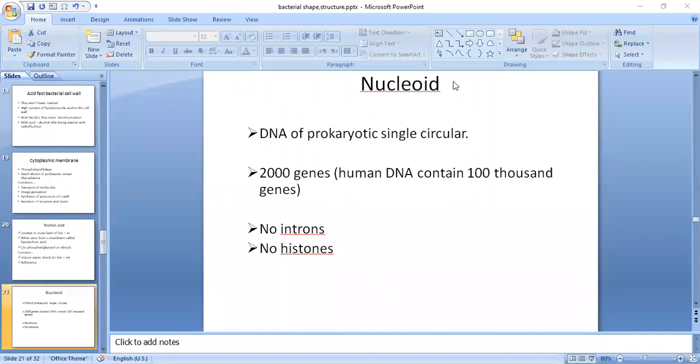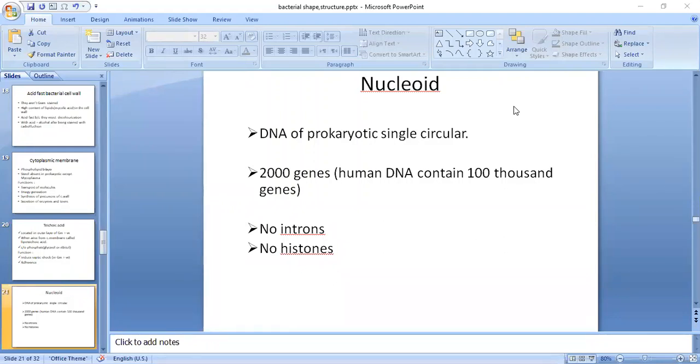As you know, this one is the nucleoid. This one is not a nucleus. The nucleus is absent in the prokaryotic cells. In the bacteria, it is called the nucleoid. What do you mean by prokaryotic cells? Pro means the first and karyo means the nucleus. So the word prokaryote means they do not have the true nucleus.